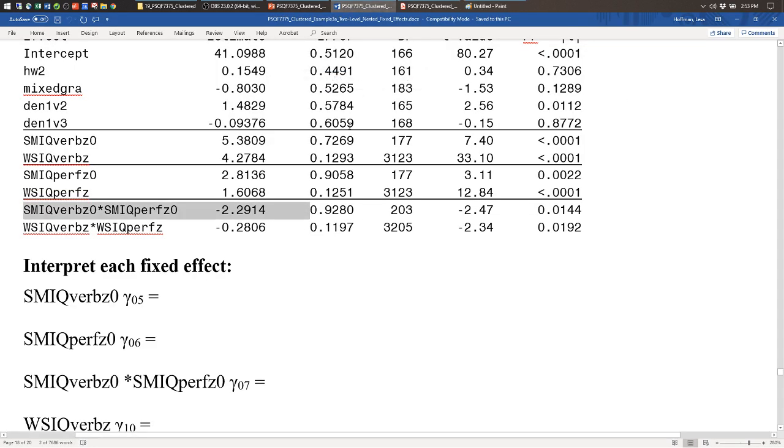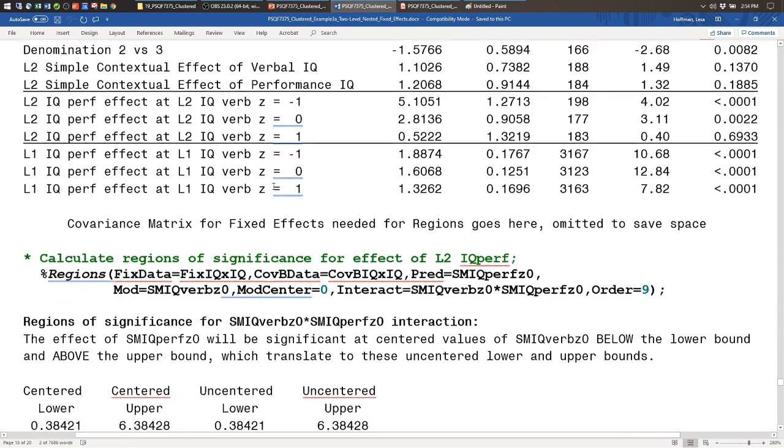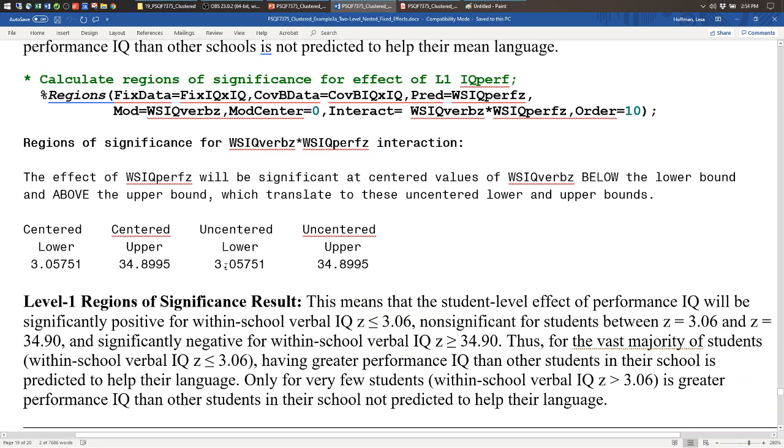Okay. The other one, moderation, looks to be a little bit weaker in terms of the coefficient. So I did levels of regions of significance for that, and found that so long as your verbal Z is less than 3, your performance slope is significantly positive.